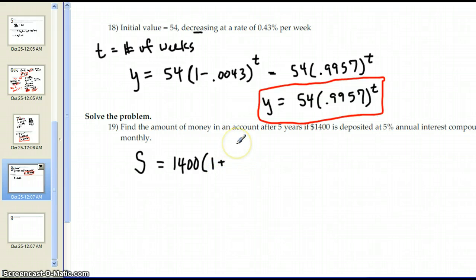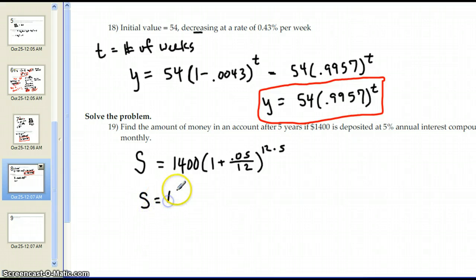Now this is what I was talking about a couple videos back. This is the only time that we actually leave the 1 plus. Like up here we actually subtracted it, but here, because this 5% is compounded, we change it to a decimal, we divide by the number of compounding periods, so 12 parentheses, and then it's the number of compounding periods times the number of years, so 12 times 5.